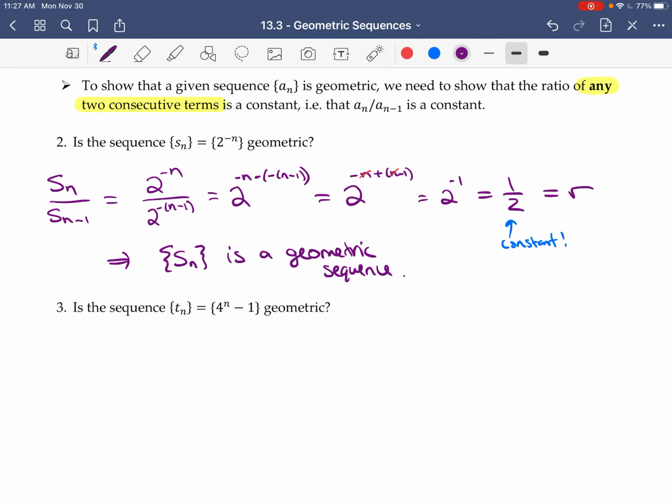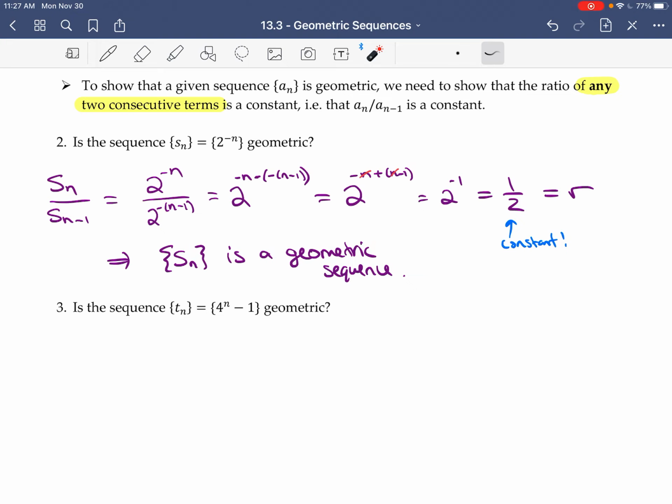Now if something is not a geometric sequence, all you have to show is that the pattern doesn't maintain. If you try to show that it's geometric and you get something you can't simplify, or you don't know what to do, you might want to think: what is S1, what is S2, and what is S3?